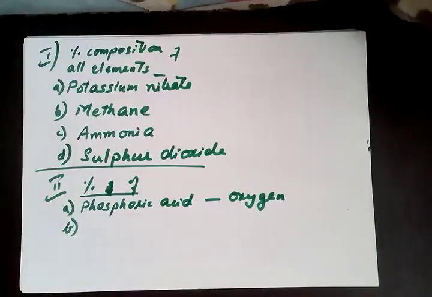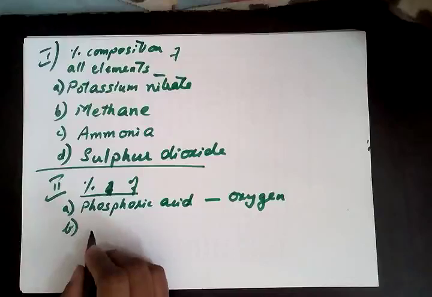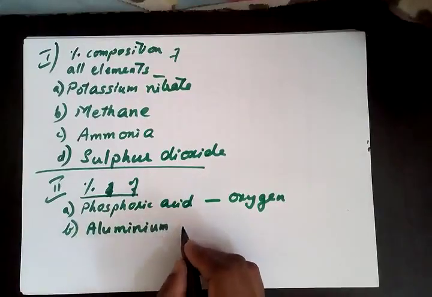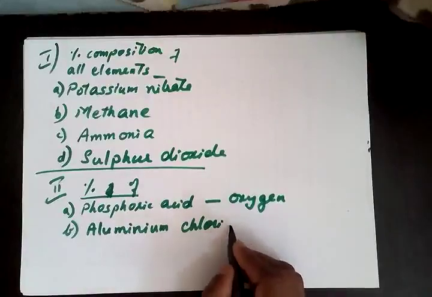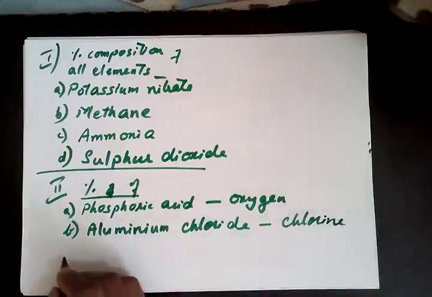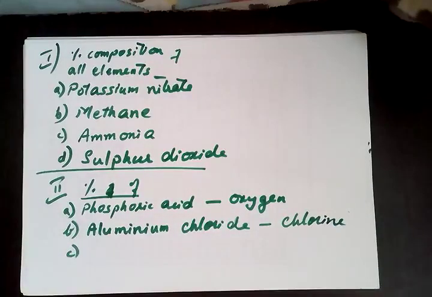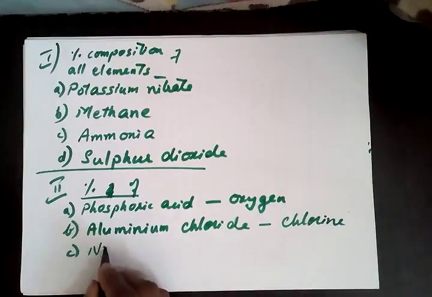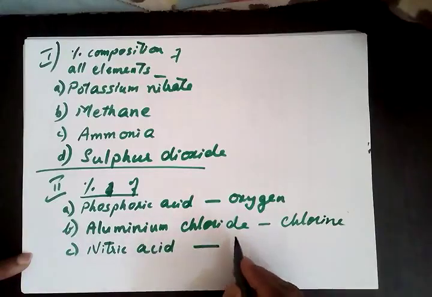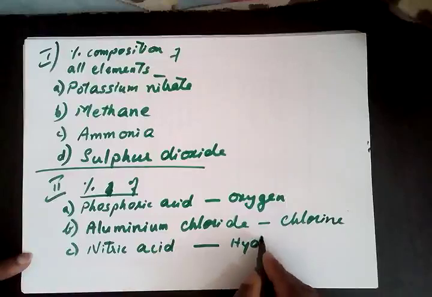In the second case, aluminium chloride, calculate the percentage composition of only the chlorine present in it. Lastly, nitric acid, the percentage composition of hydrogen present in it.